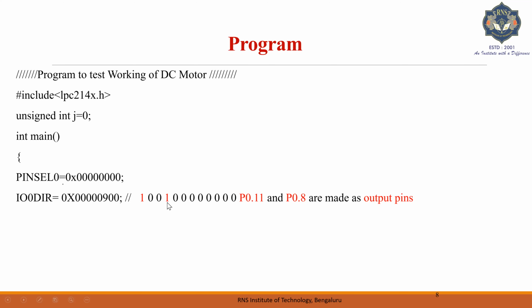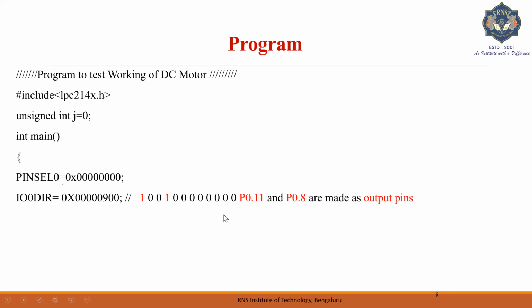So the 8th pin I should enable as 1, because the DC motor is connected to P0.8 and the 11th pin, after 8, 9, 10, 11. If you convert into hex, this will come as the data 9. The rest are all 0. Only 2 lines I have enabled as the output port.